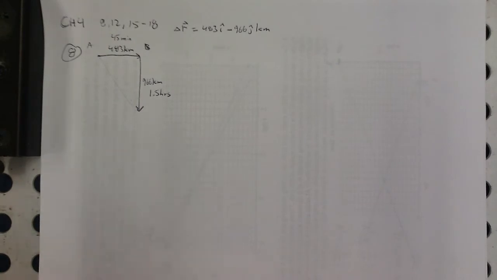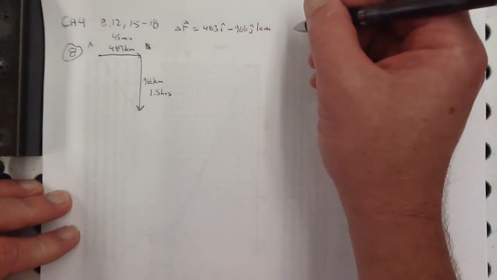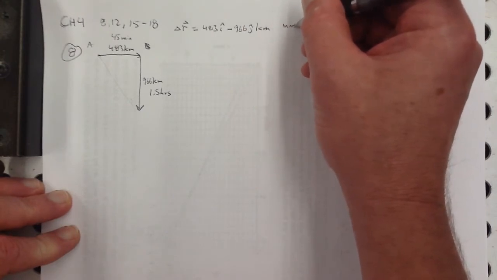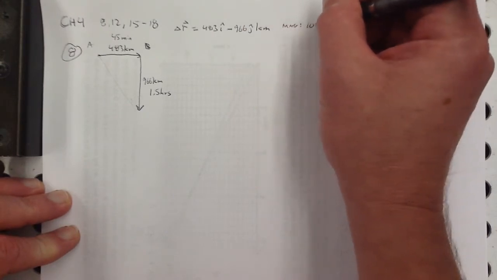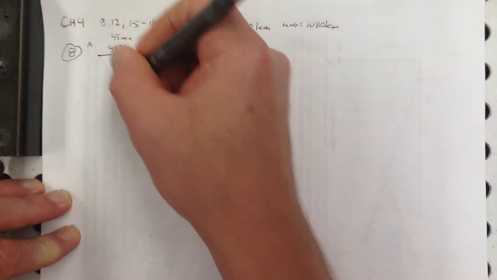So my batteries are still low in case you're keeping score there. So let's Pythagorize: 483 squared plus 966 squared. That's about 1,080 kilometers. That's the length of this, right?